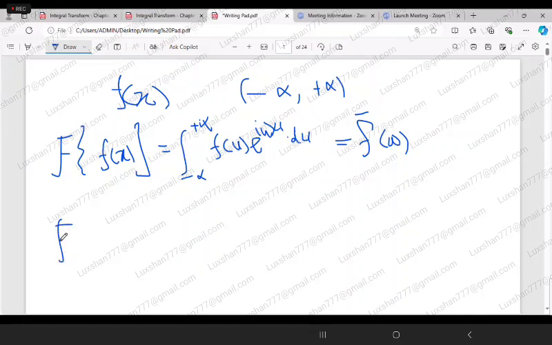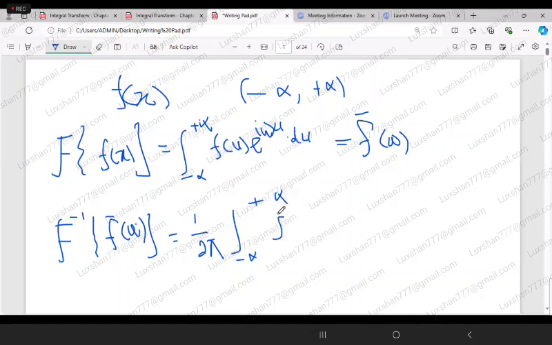So the corresponding inverse Fourier transform of this one is f of x equal to 1 over 2 pi, integral from minus infinity to plus infinity of f bar omega e to the power minus i omega x. Okay. So this is the first one.